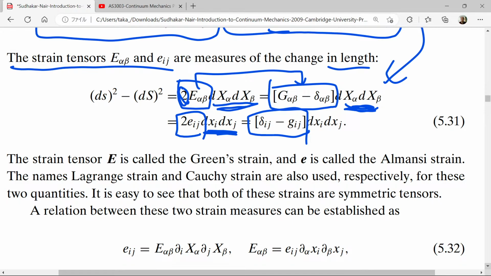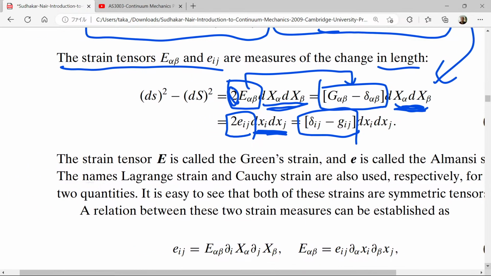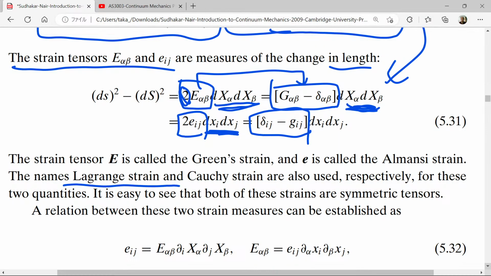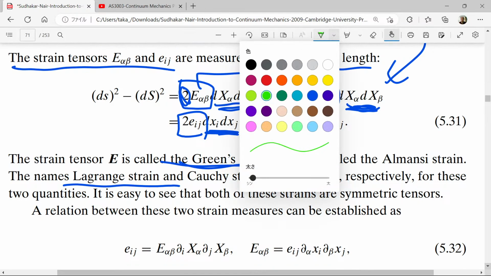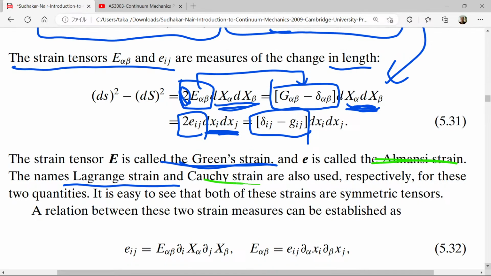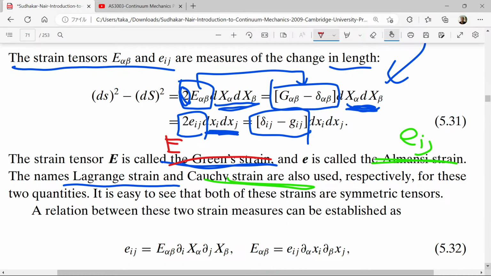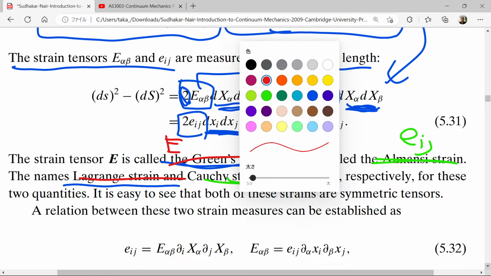Green strain, Lagrange strain, it's complicated. Green strain or Lagrange strain, or Almansi strain, or Cauchy strain. That's small e. This is small eij, right? Large E is Green strain and Lagrange strain.